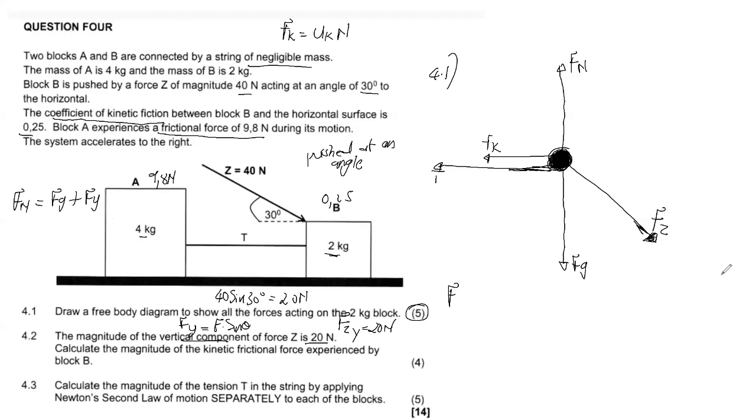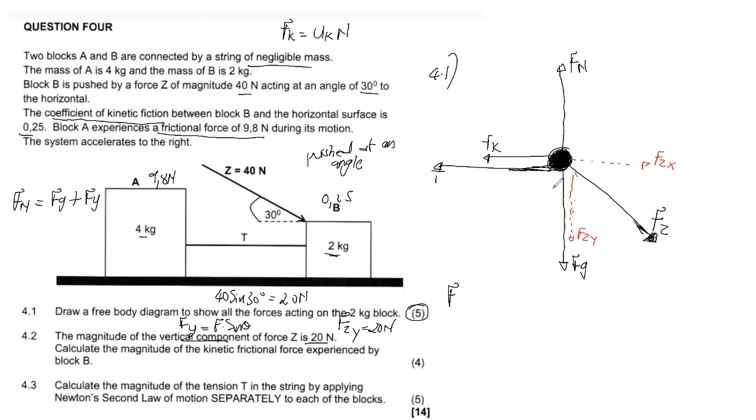Because if we resolve this force Z here into components, we will have Fzx, which is the horizontal component of force Z, and then down here, we will have Fzy, which is the vertical component of force Z.